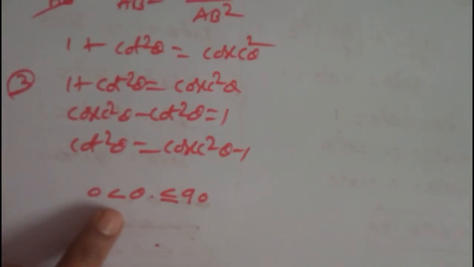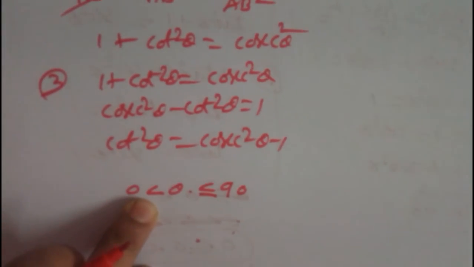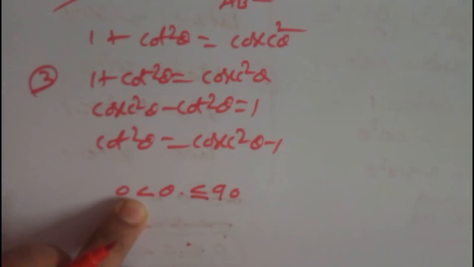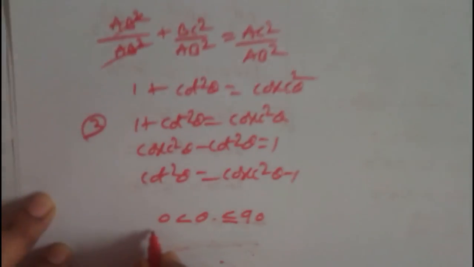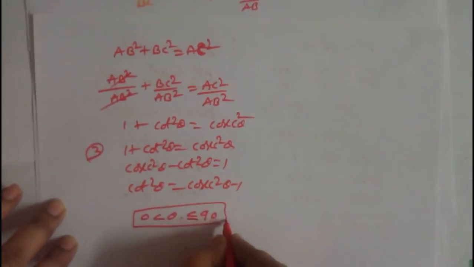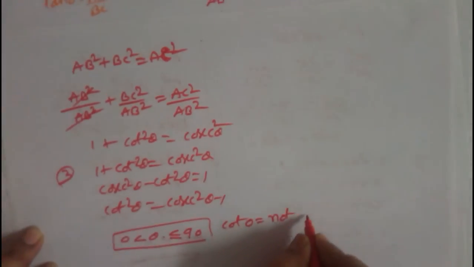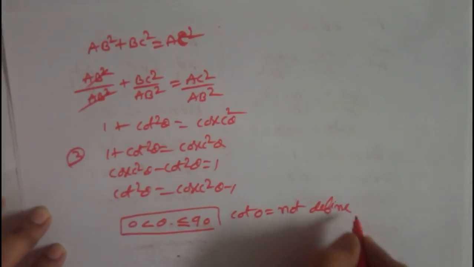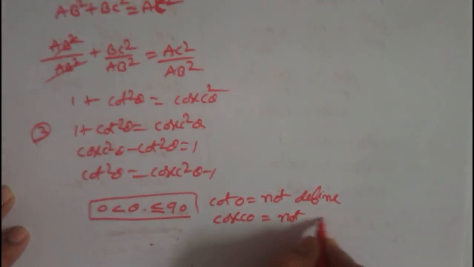Why here theta not equal to 0? Because what is the cot 0? Cot 0 is not defined and cosecant 0 also not defined.